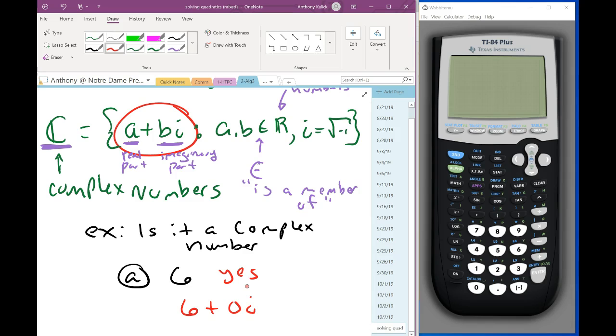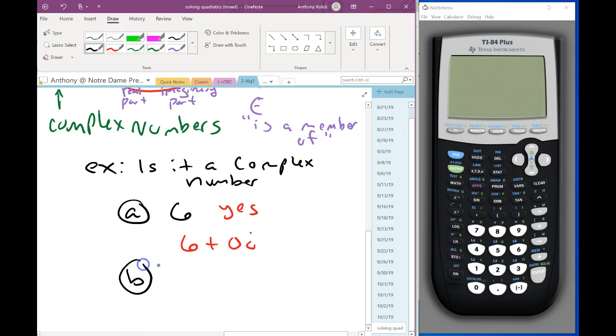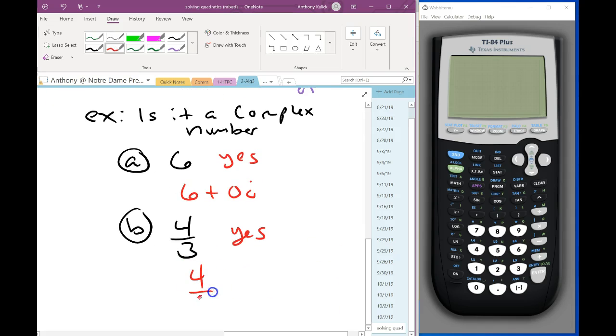That's a complex number. How about 4/3? Is that a complex number? Yes. How can I write it? 4/3 plus 0i.